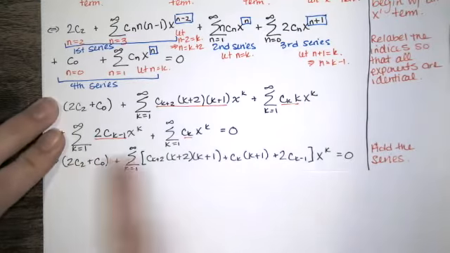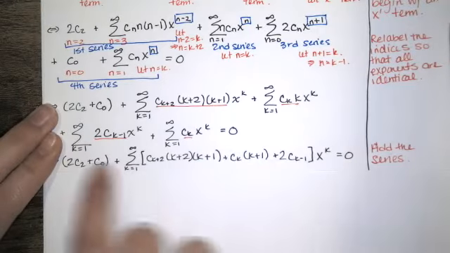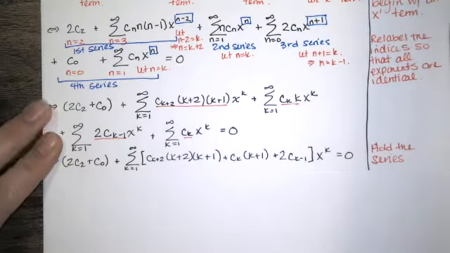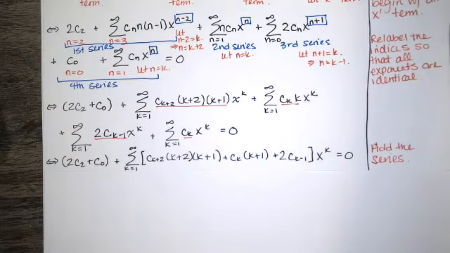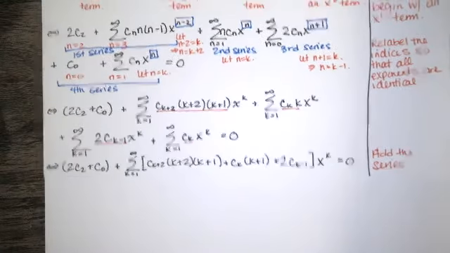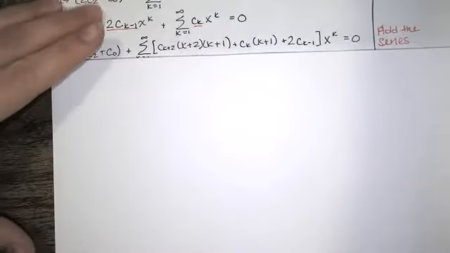So the coefficients on this side have to equal the coefficients on this side, which are all zeros. So we're going to set the coefficients on this side equal to 0. And then in each equation, we're going to solve for the coefficient with the largest subscript. So let's do that.